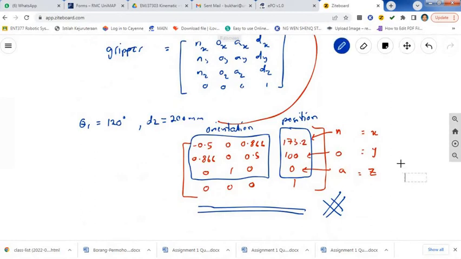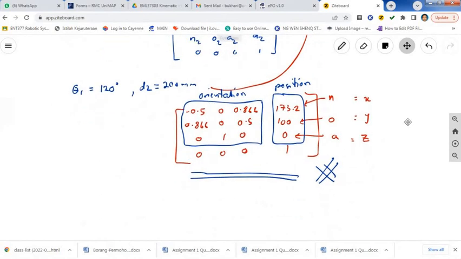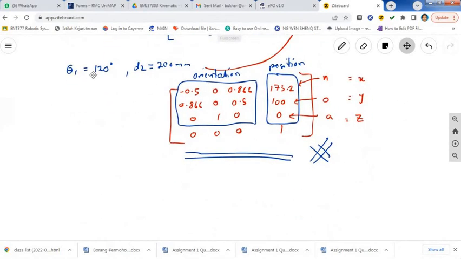For example, something like this. I will give more examples. So for example, if your robot arm rotates 120 degrees, so your arm goes up, and then the arm extends 200 millimeters. You just plug in these values: your theta is replaced with 120 degrees, and your D2 is replaced with 200 mm.